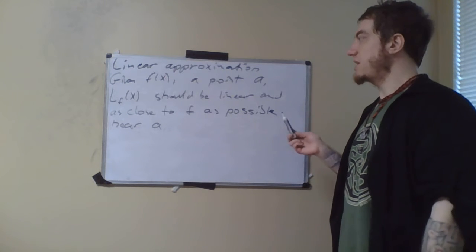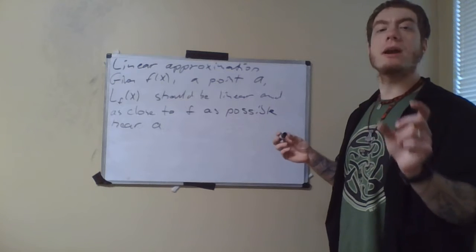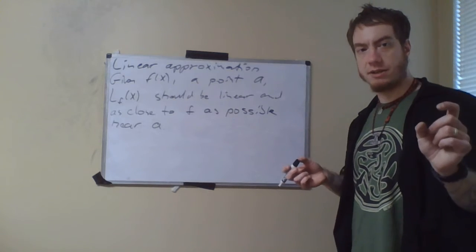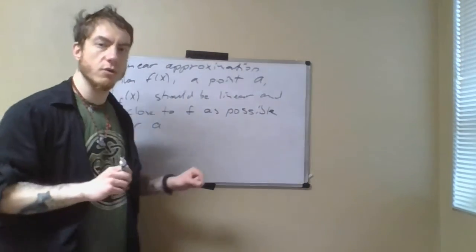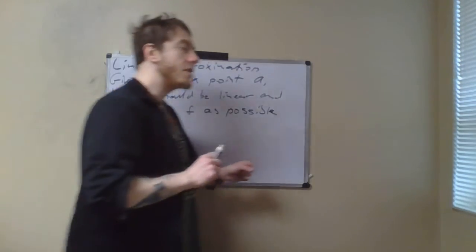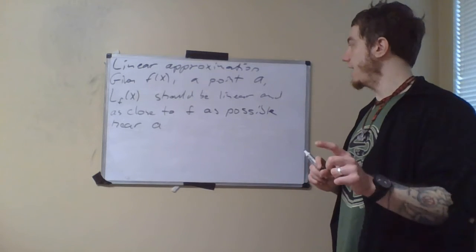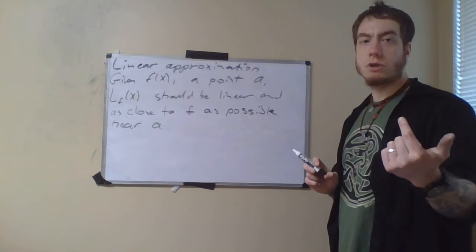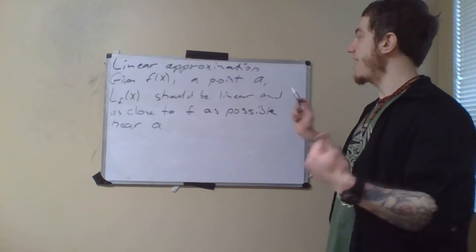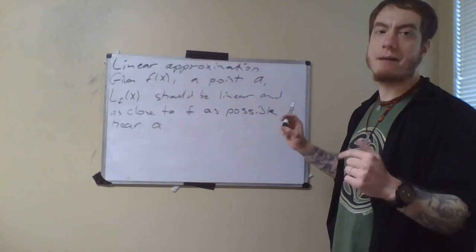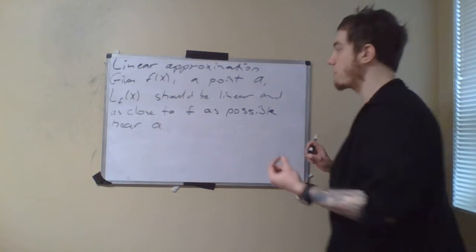So often, if I only care about a function near a certain point, if I know that all of my work with that function is going to take place near that point, then maybe what I can do is say, okay, instead of working with whatever really complicated function I have, what if I just pretended the function were linear near that point? And maybe that will give me a good enough approximation for whatever I am doing.